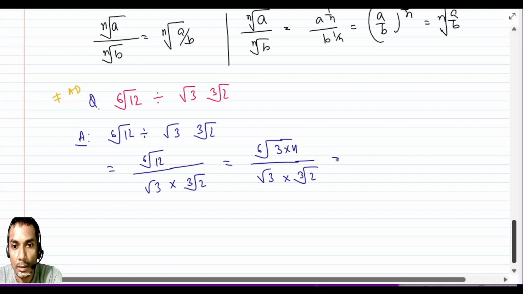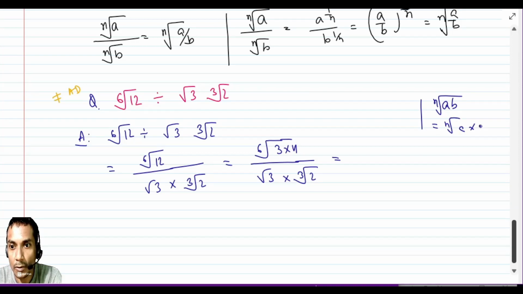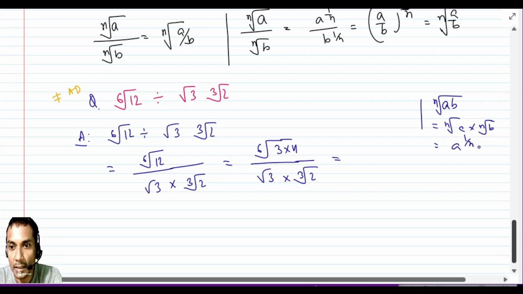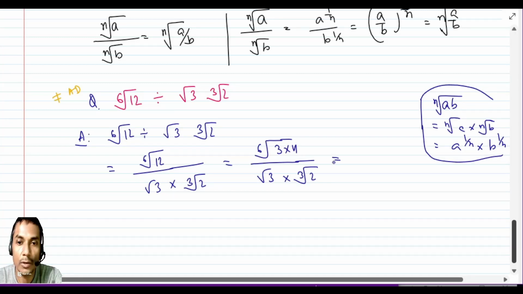Okay, next step is, you can simplify this. You already know that when the power is the same, (ab)^n you can write as a^n into b^n, or you can remember this as, when the base is different but the power is the same, you can do this.